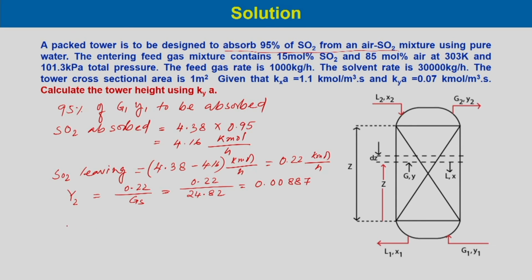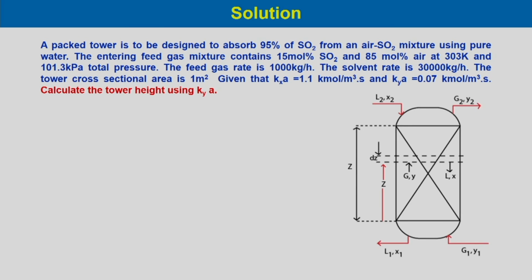We can calculate in mole fraction unit: small y2 would be equal to capital Y2 divided by 1 plus capital Y2, which is equal to 0.00887 divided by 1 plus 0.00887, which would be equal to 0.0088. So, this is the mole fraction of the exit stream, or the SO2 leaving the column.